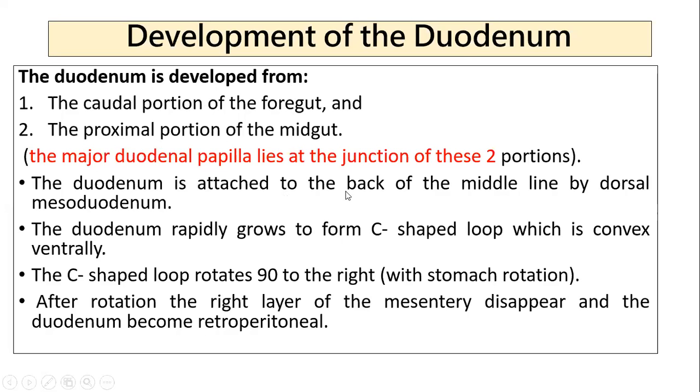The duodenum is attached to the back of the midline by the dorsal mesoduodenum, in the initial part of the development. The duodenum rapidly grows to form a C-shaped loop, which is convex ventrally.